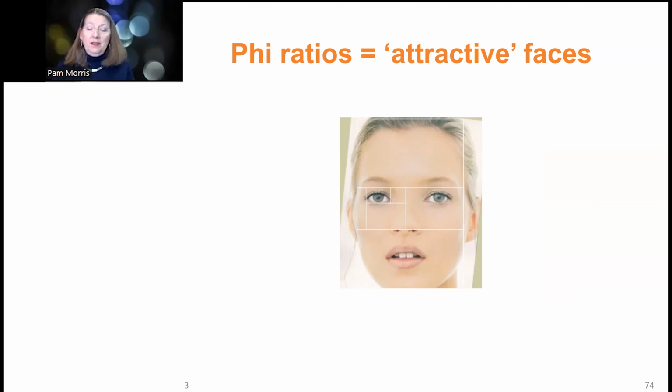And it's the same, even that 1.6 ratio is shown in our fingers in our hands, where each of the joints is 1.6 greater than the next joint up. So it's all over nature that we use these ratios because they're the ones that are the most functional.